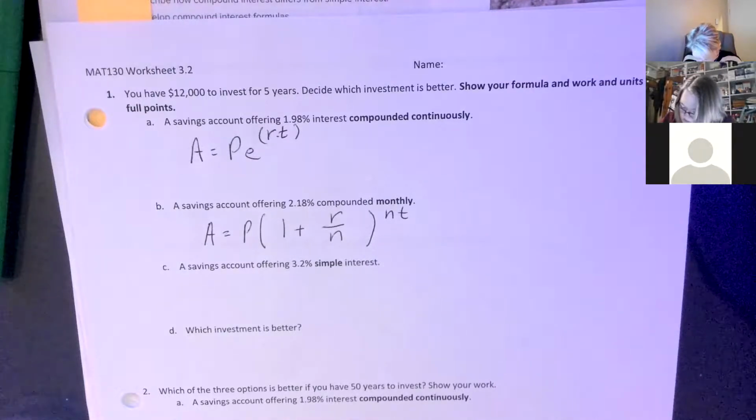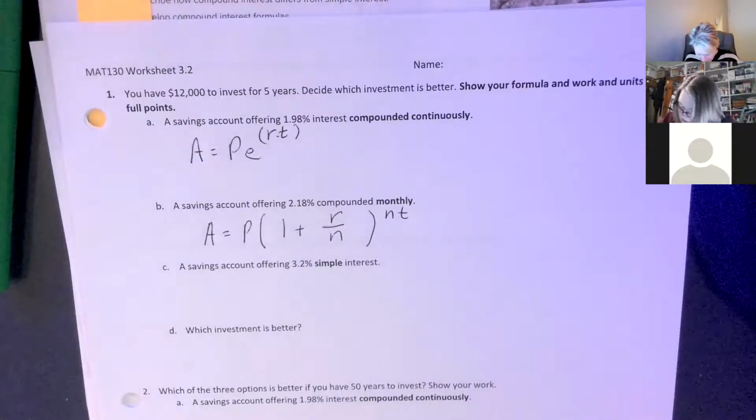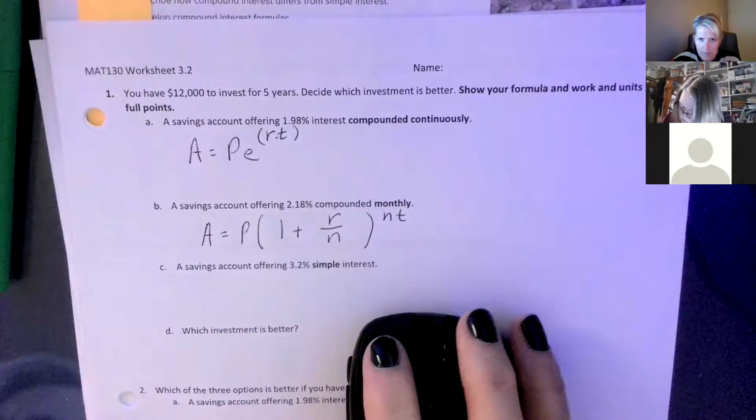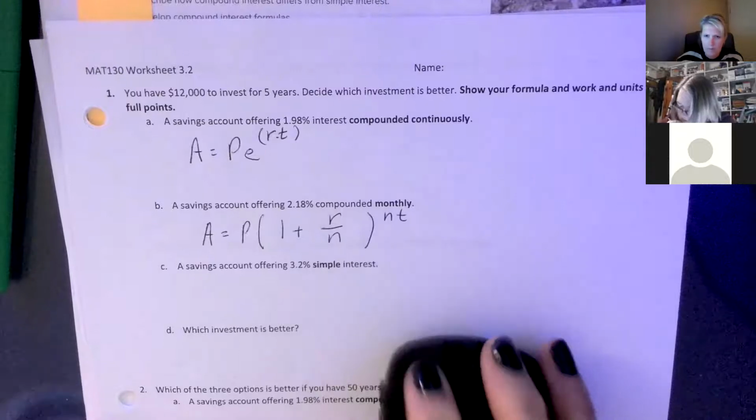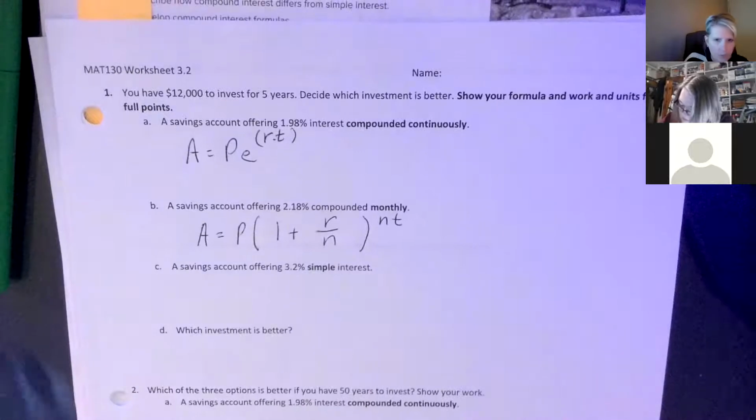All right, so now it's 12,000 times 1 plus, let's say the R is 0.1. Oh, no, 0.0218, over 12. And then 12 times 5, right? Yep. Okay.